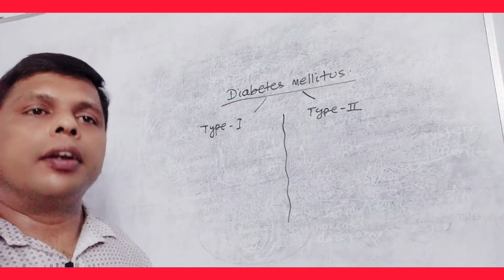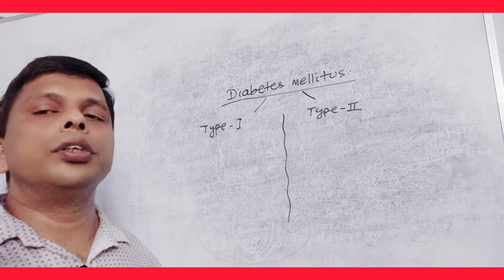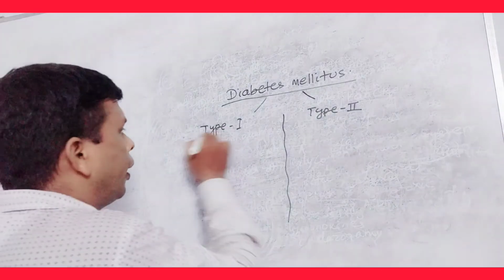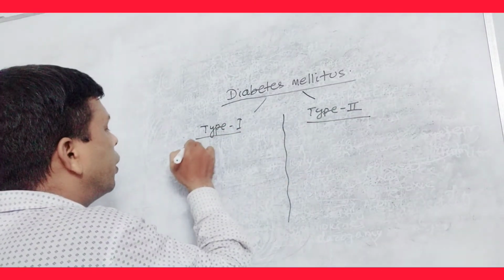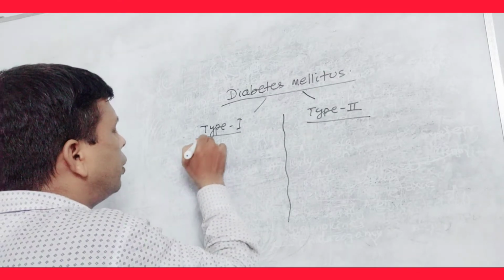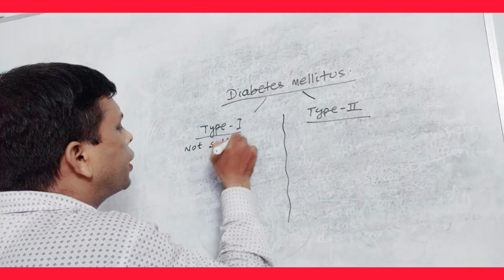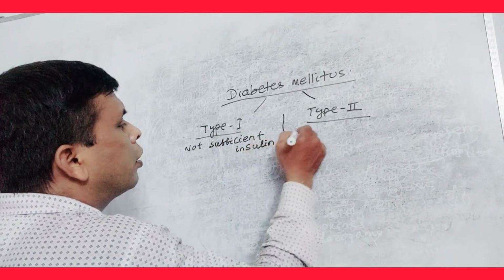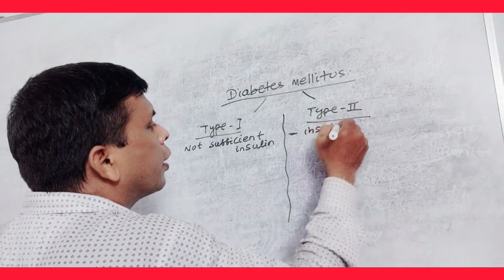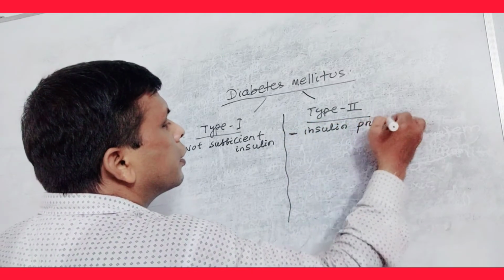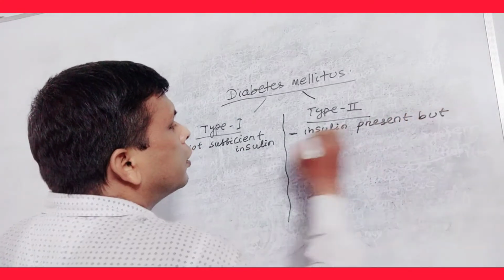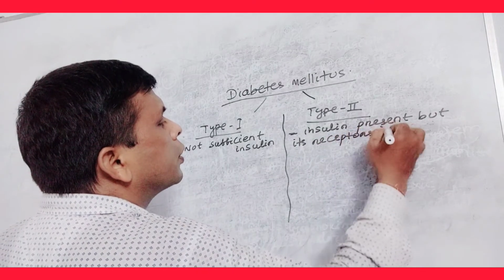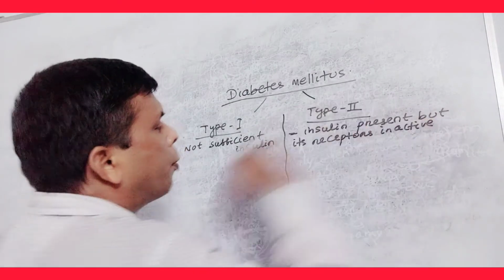Type 1 diabetes mellitus is due to insufficient insulin. Here, insulin is not sufficient, but in type 2, insulin is present but its receptors are inactive.